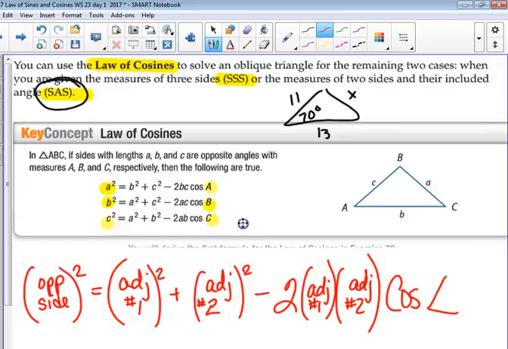It's written in letters here, but if you have an application problem, you need to know the relationship of those, because your triangle on an application problem isn't going to have labels A, B, and C, right?